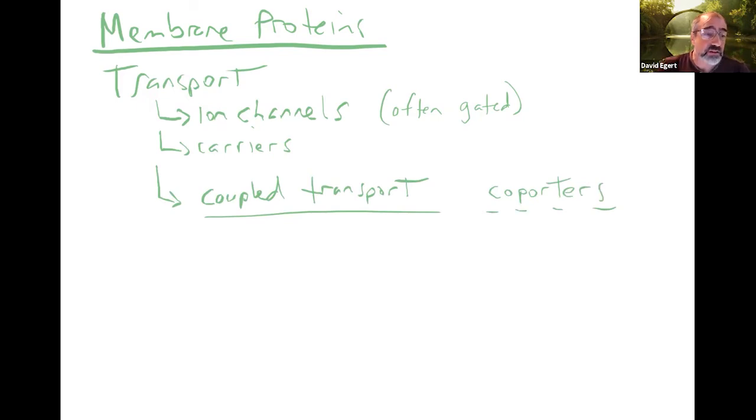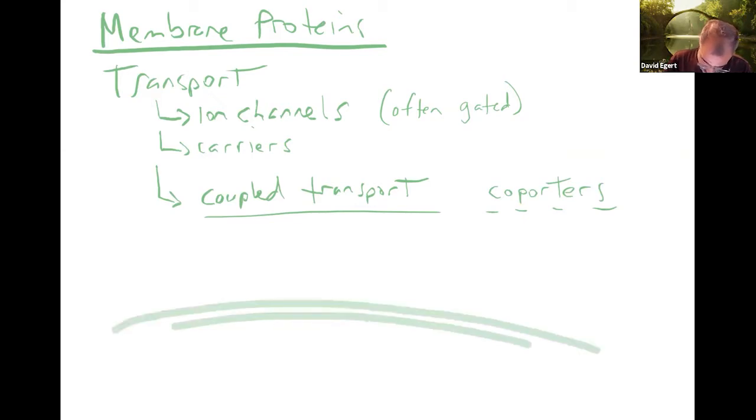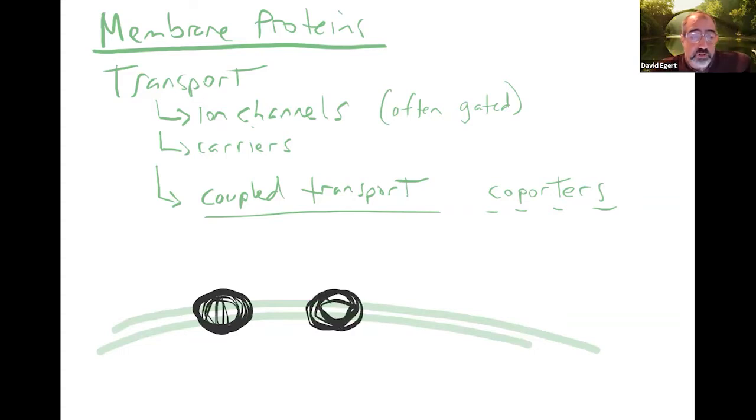The idea here is you've got like a membrane, and you've got your membrane protein, that is this coupled transporter. And it is going to only let things move across if two or more things move together.